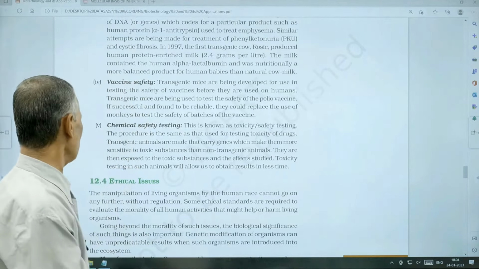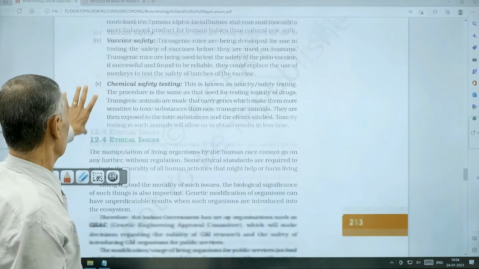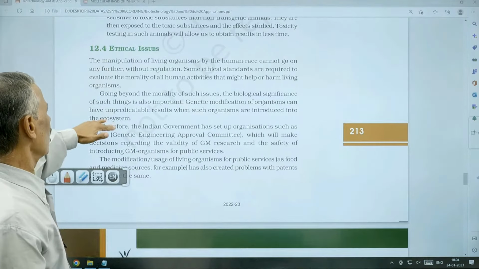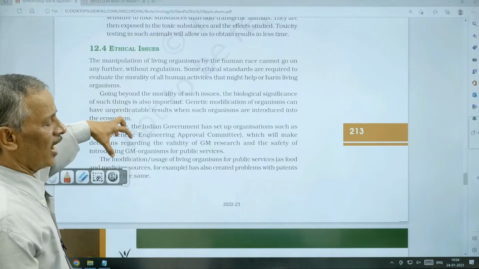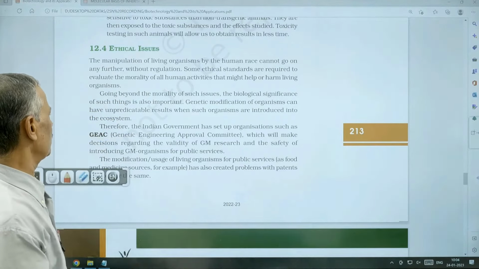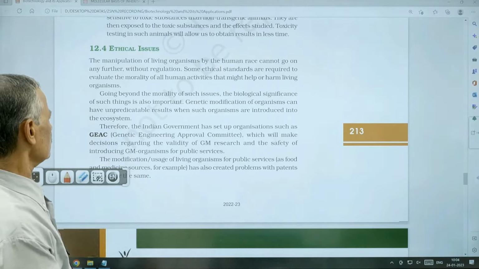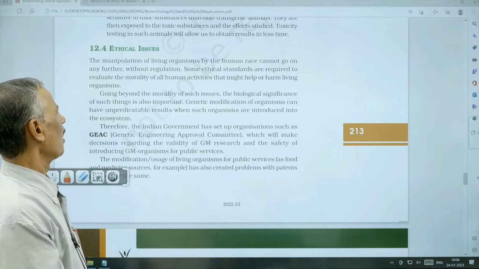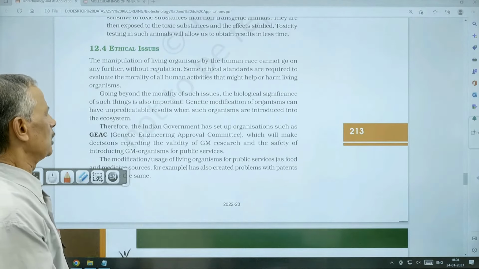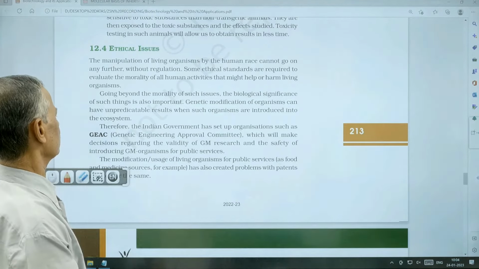So there are a number of ethical issues involved in such genetically modified research. That's why the Government of India formed GEAC, the Genetic Engineering Approval Committee, which is to monitor and validate all GM research and the safety of introducing genetically modified organisms for public services.